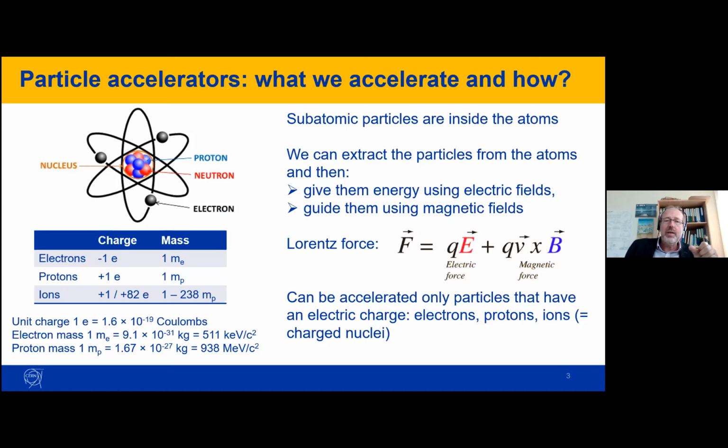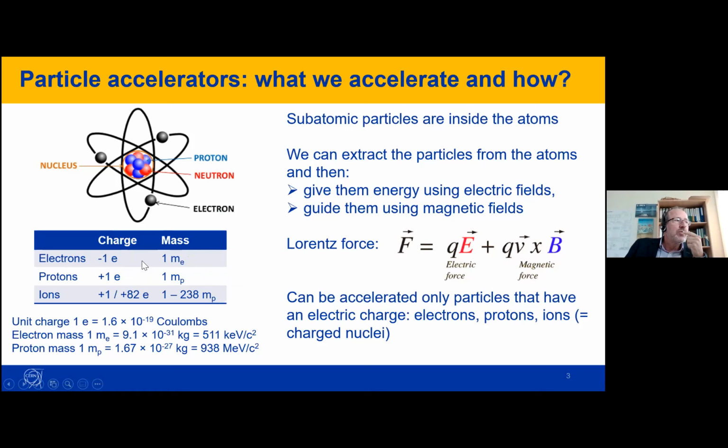Charged particles can be protons, of course, can be electrons, but also can be charged nuclei. Charged nuclei means that you take the atom, you strip off the electrons, you leave only the nucleus, and this behaves like a particle that can be accelerated. It is an ion. And you have to understand that there are many differences between the different types of particles.